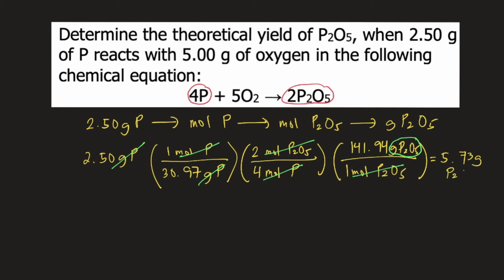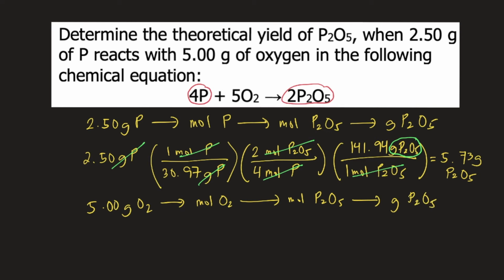of P2O5. We do the same thing for 5 grams of oxygen gas. So we convert this into moles of oxygen gas, and from moles of oxygen gas to moles of P2O5, and then moles of P2O5 to grams of P2O5.